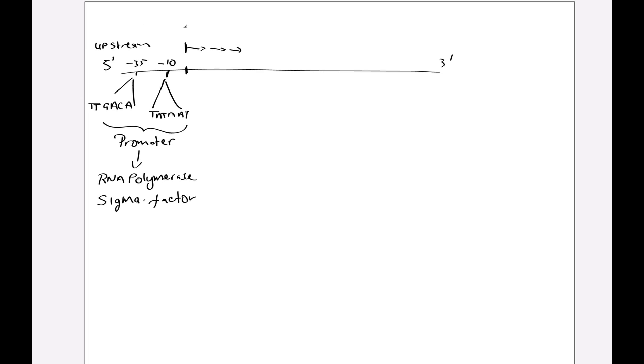The RNA polymerase is a large molecule. It's approximately 500,000 Daltons in size, and it consists of 4 different subunits. These are 2 alpha subunits, we write it like this, a beta and a beta prime subunit. The 5th subunit of RNA polymerase, the sigma factor, that's sigma.